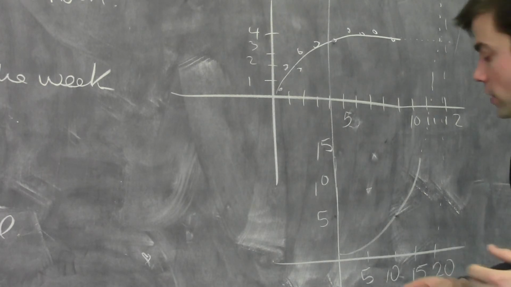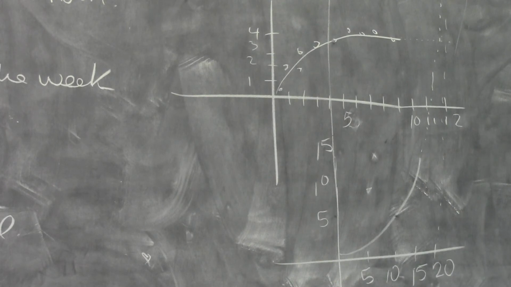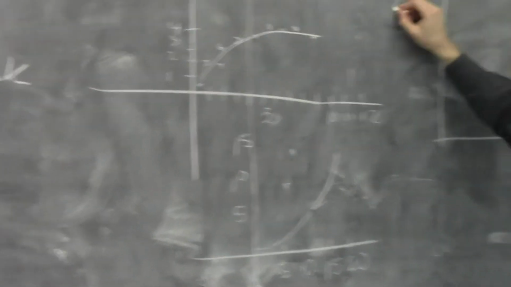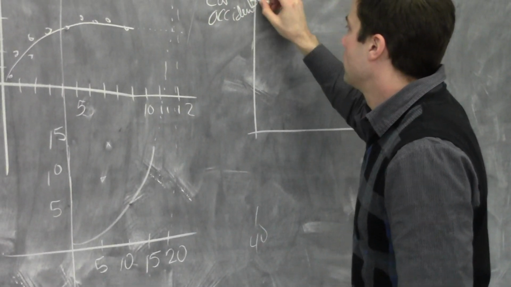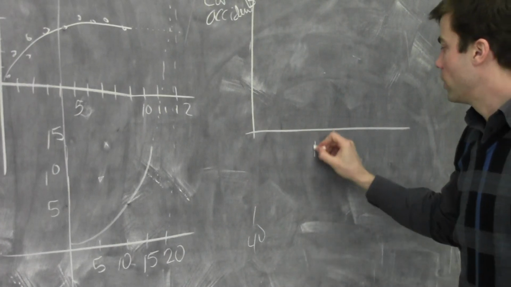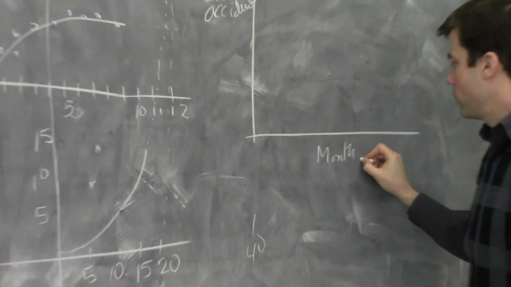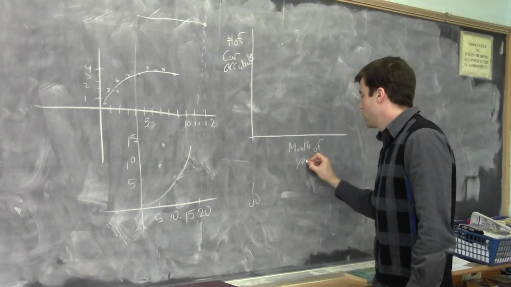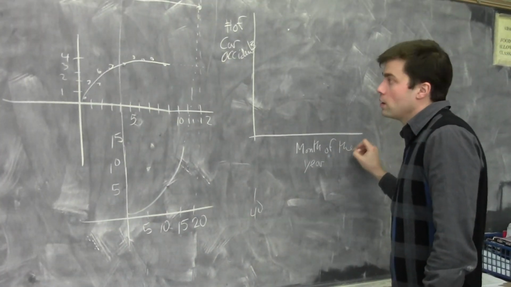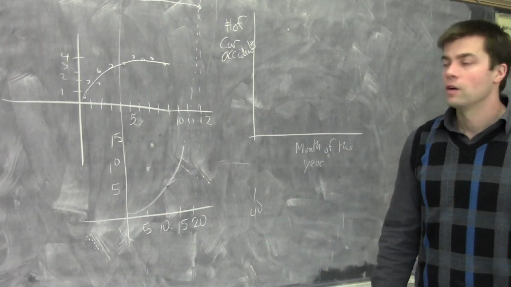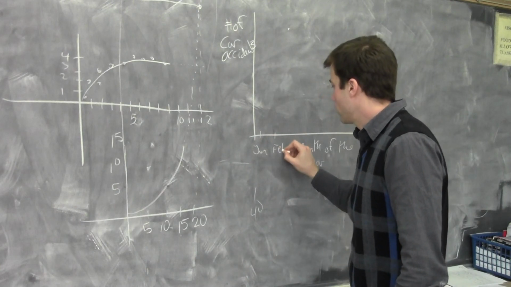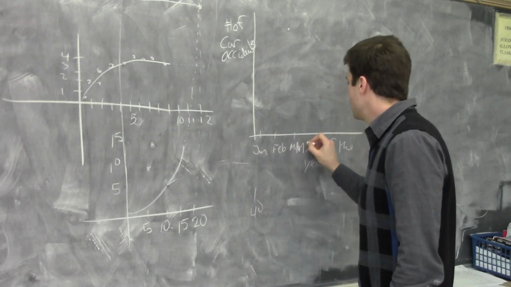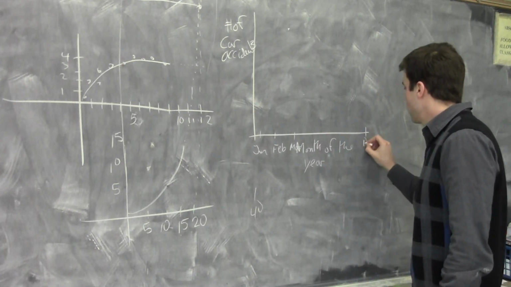So for instance, if we did a graph like this, and we graph number of car accidents, and then we put on here month of the year. So we start off, we go January, February, March, all the way until December.